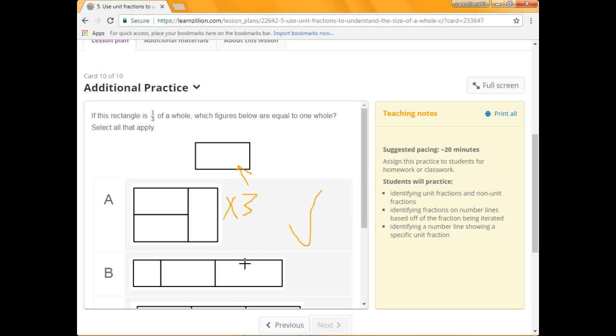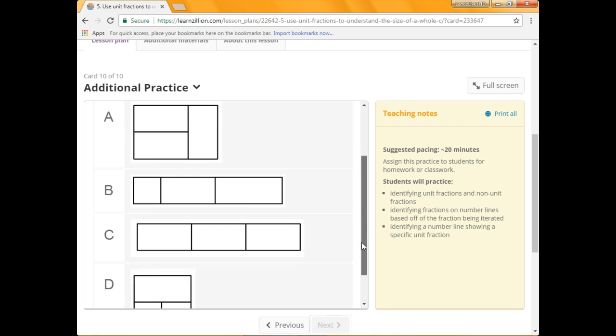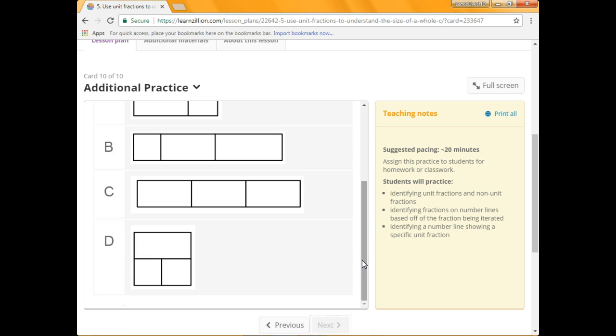So that's a check. And this one is an X because they are not equal or not equivalent. And this one is, and this one is not because this equals the one up there, that whole. So if you take away this line, then it will be equal to that.